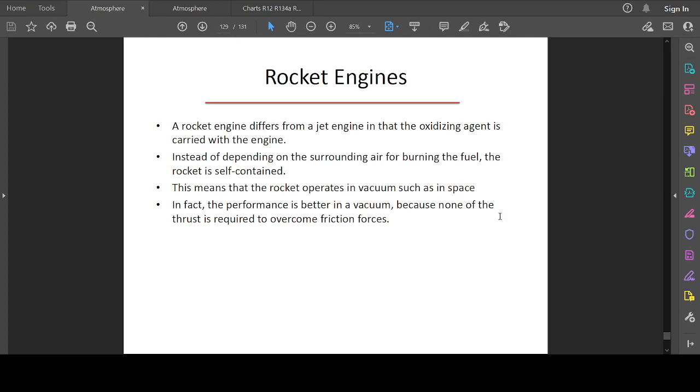This means that the rocket operates in vacuum, such as in space, when it has left the atmosphere. The performance is better in vacuum because none of the thrust is required to overcome friction forces that could have been exerted on it while still within the Earth's atmosphere.